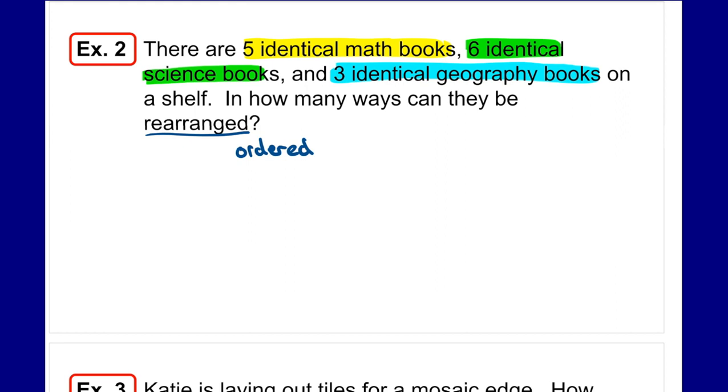If they're all the same textbook, are we going to notice a difference? You may argue yes, maybe some are more damaged or worn out. But assuming they're all brand new textbooks, straight out of the packaging from the publisher, we can't tell the difference. So in total, we have 14 total books.